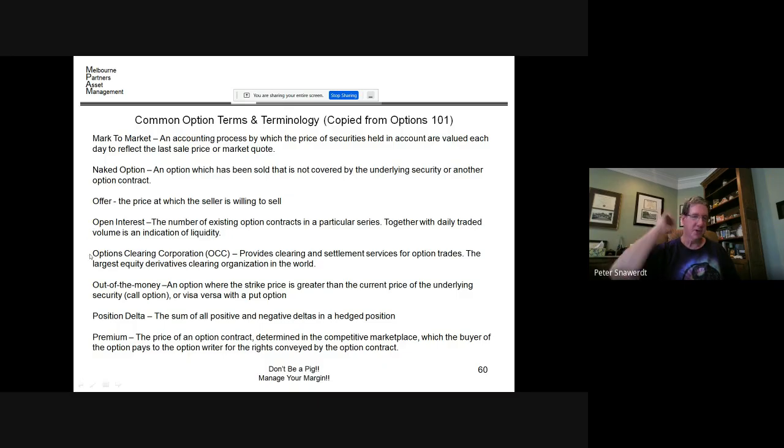Options Clearing Corporation. The OCC is an unknown organization to most options traders, but they are actually who provides all of the data necessary for portfolio margin. And sometimes that data has errors in it.